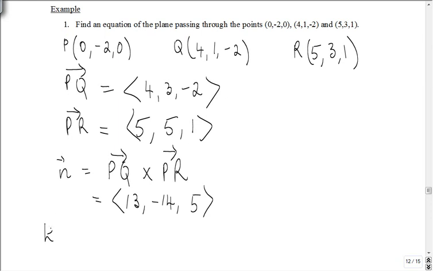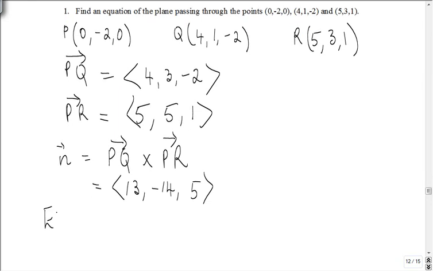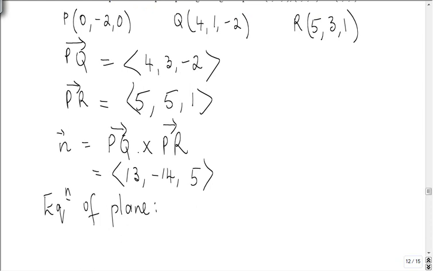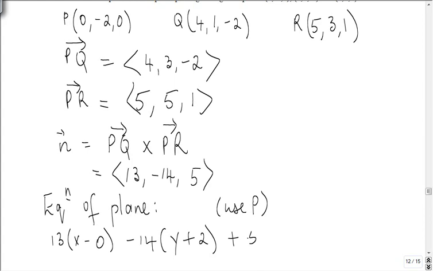So the equation of the plane would be 13. I'm going to use P, okay? So use P. 13 times (x minus 0) minus 14 times (y plus 2) plus 5 times (z minus 0) equals 0.